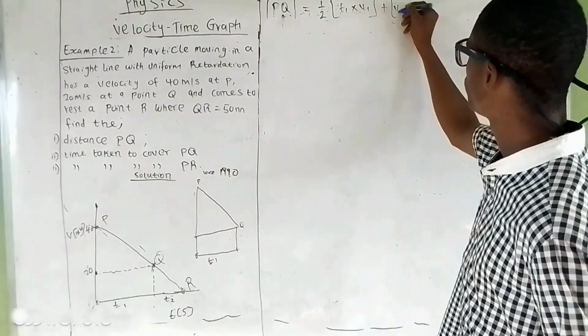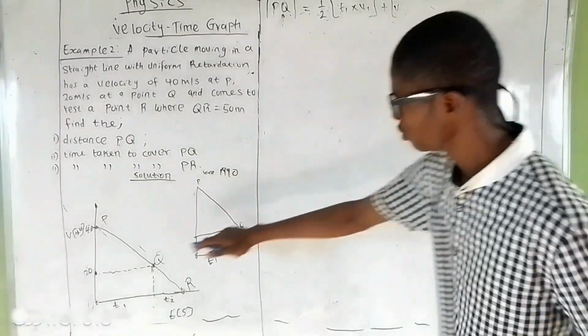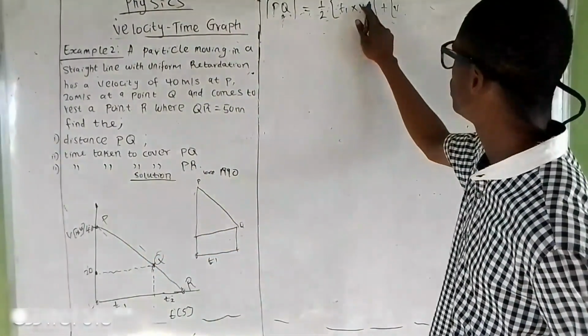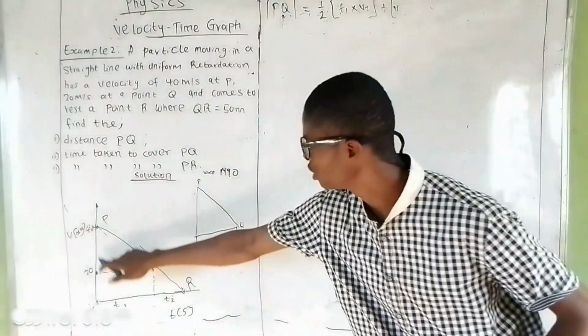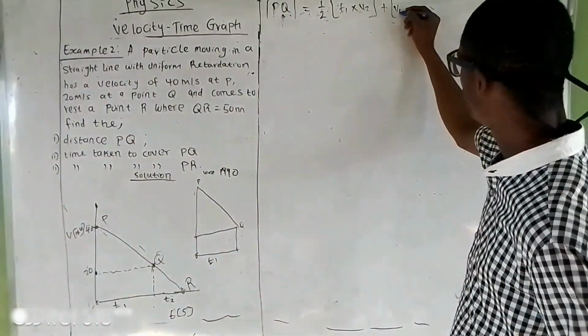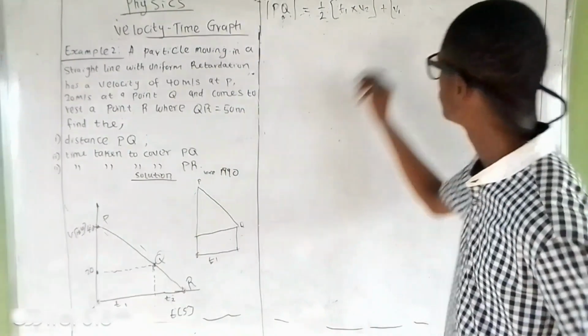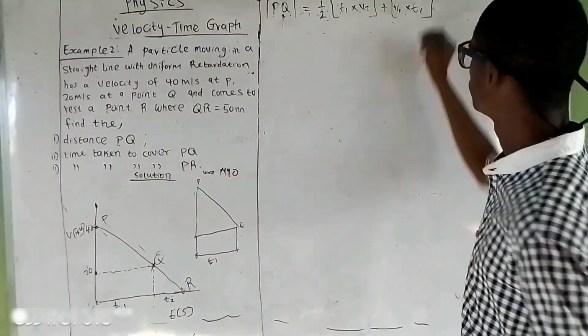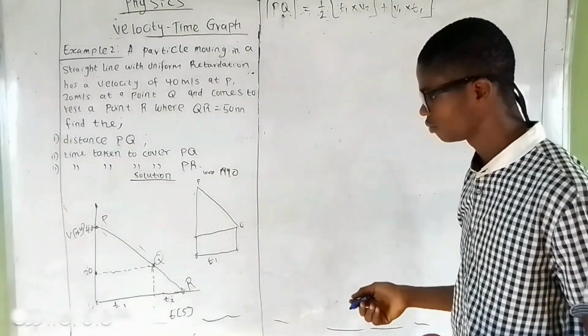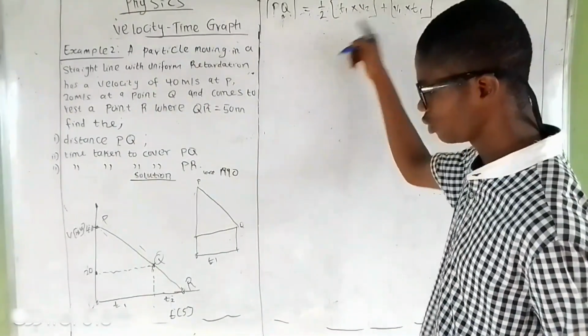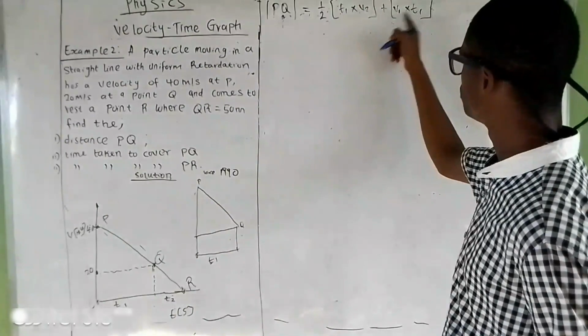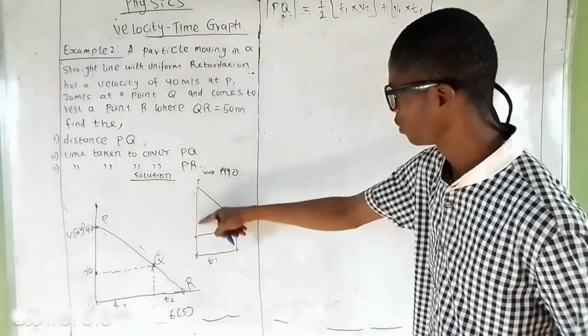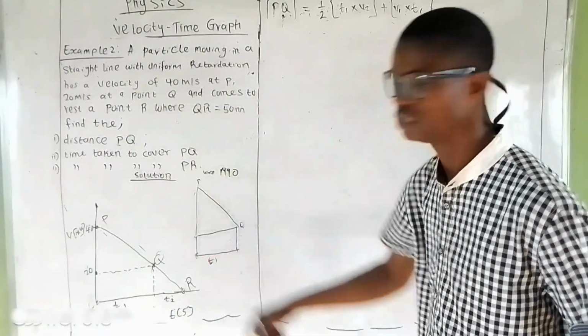So here should be V2, because it's from here to here. So here you have the V1, half here times T1. So the T remains the same in both cases, but the V changes because this upper V is V2 and this lower V is V1.